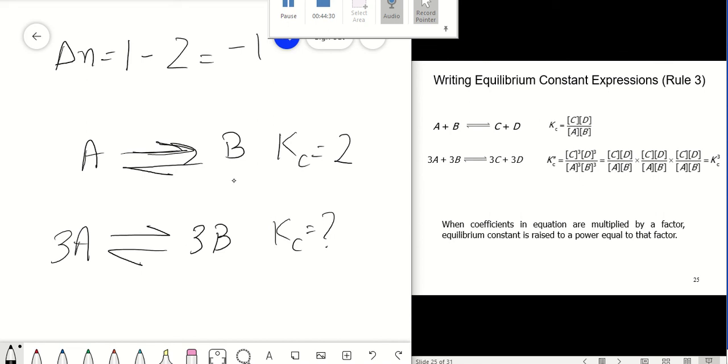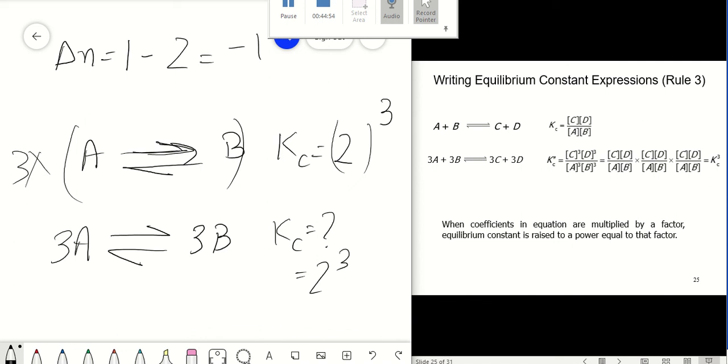It's the same reaction except that it is essentially 3 times the top reaction, so the stoichiometric coefficient is 3 times. If I'm multiplying this reaction by 3, what happens to Kc? Kc is raised to the power 3. So Kc for this reaction is going to be 2 cubed.